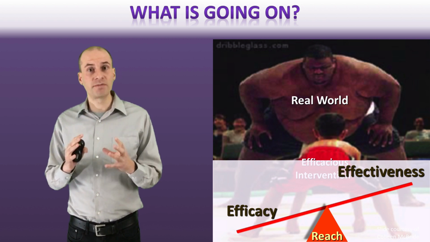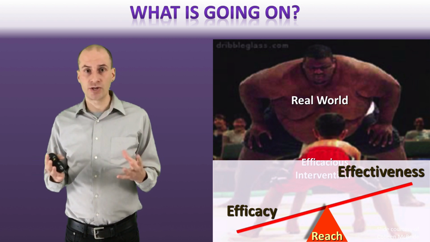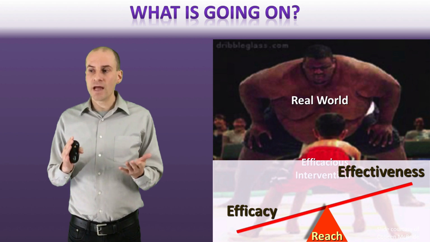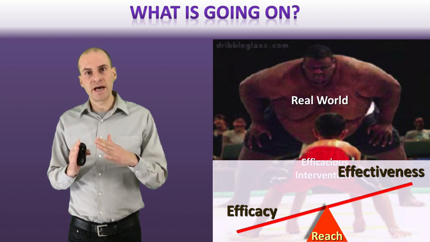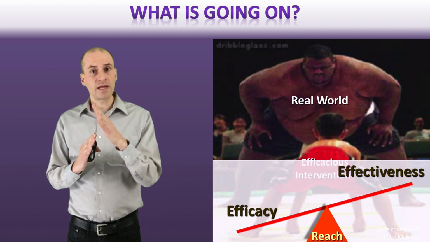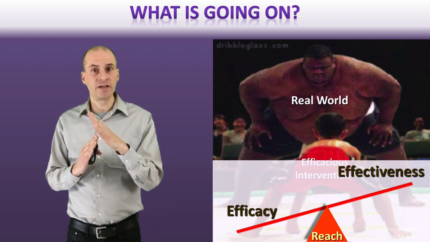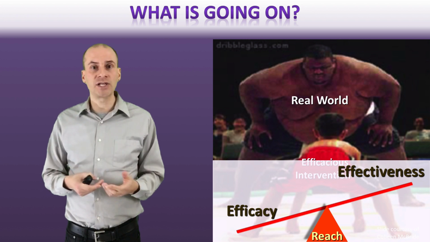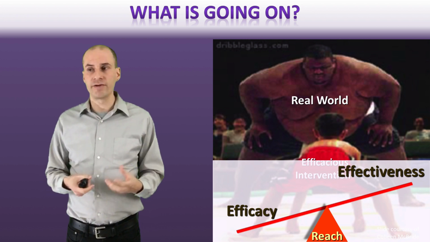Effectiveness is the extent to which something works in real-world circumstances. What it turns out is that the relationship between efficacy and effectiveness very often depends on the reach of an intervention. How many people are actually accessing a public health intervention?